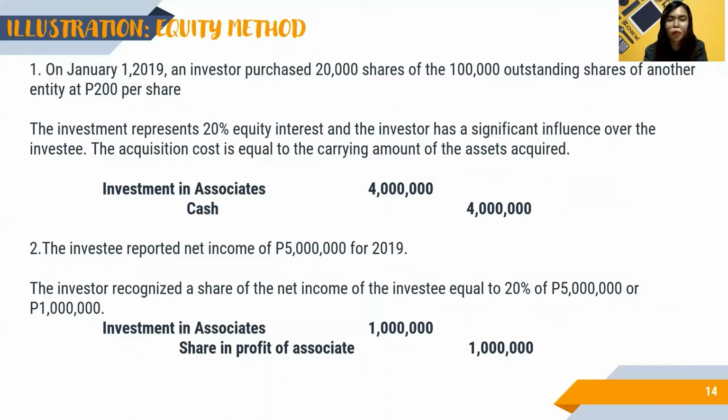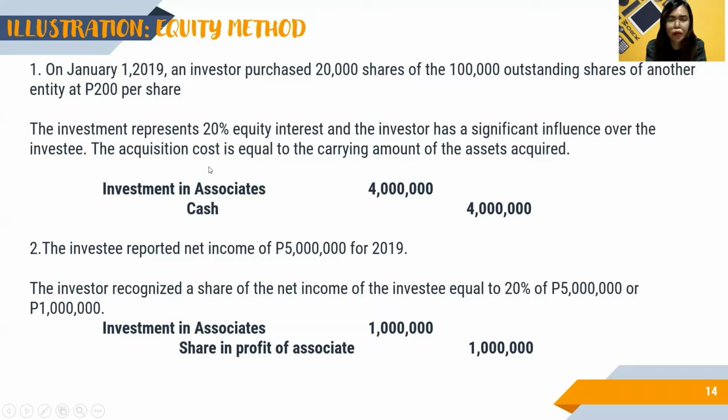So, ikaw na investor, bumili ka daw ng 20,000 shares out of 100,000 outstanding shares na binibenta ni investee. So, sabi dito, meron ka daw 20%. So, meron kang 20% na equity interest and magkano mo binili yung shares? Binili mo siya per 200 pesos per share.